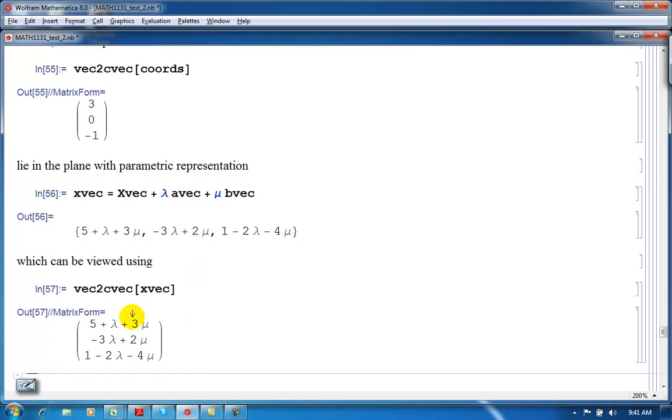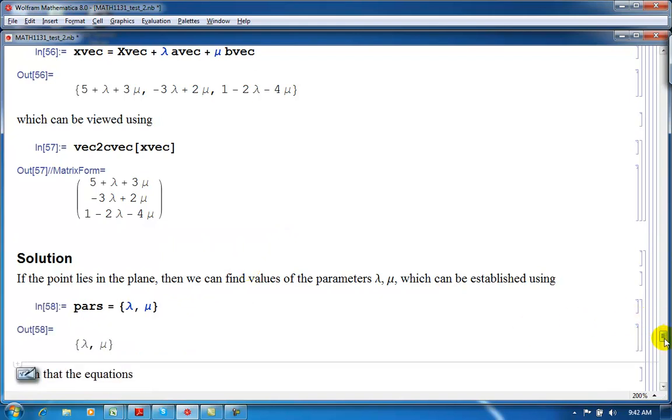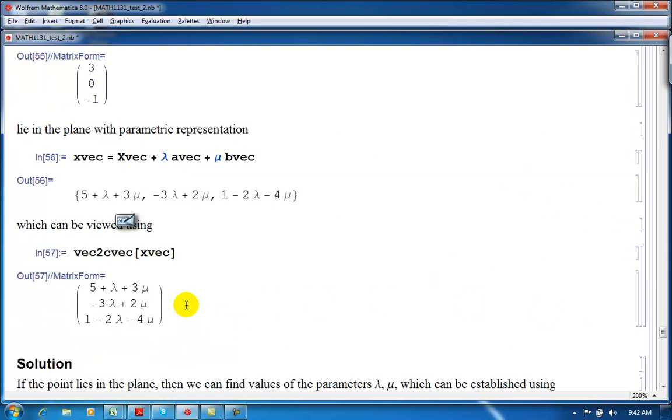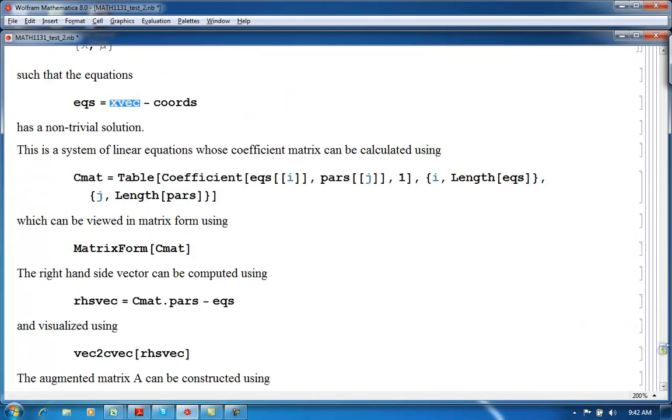And so in other words, this should be equal to the original point. So let's establish those parameters, lambda and mu, and we have to find values of those such that the difference between this parametric vector equation of the plane is equal to the coordinates of the point.